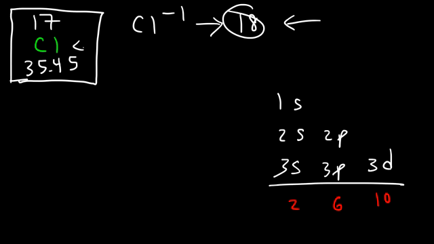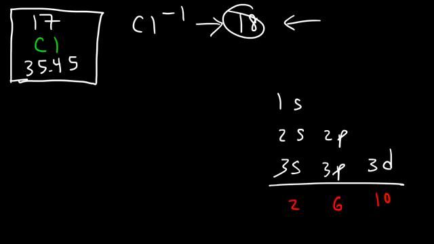You don't have to write the configuration of the atom and then adjust it for the ions. It just simply works out that way. But you could do it both ways for these elements. So if you decide to write the electron configuration for the parent atom and then adjust it for the ions, then that's fine. For negatively charged ions, you need to add electrons. For positively charged ions, you need to subtract the electrons.